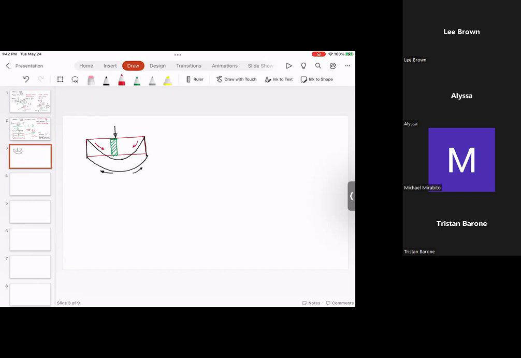So because of this stretching and compression, you are going to have different types of stresses. On top, you are going to have compressive stresses, and at the bottom, you are going to have tensile stresses. So these stresses, compression and tension, are because of the bending. And if you were to plot these stresses, it shows a linear variation from the top to bottom.